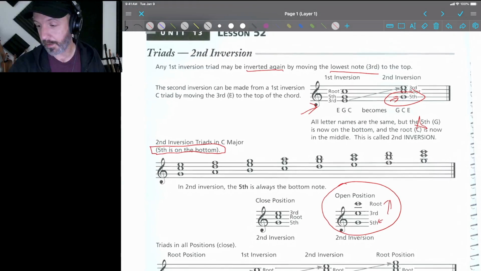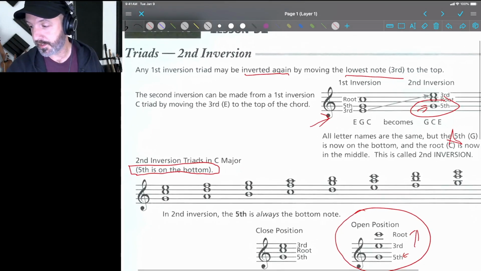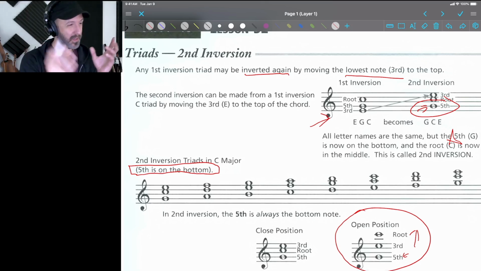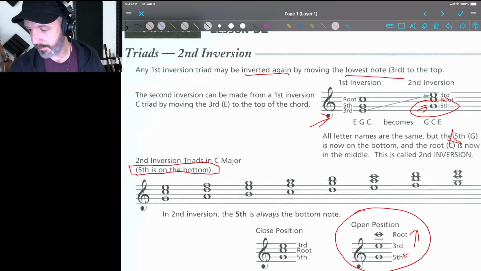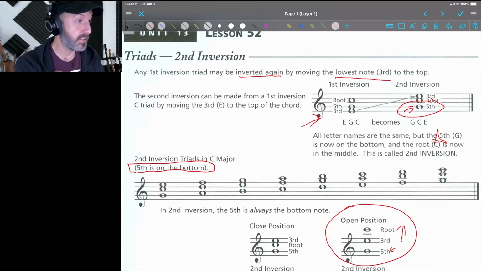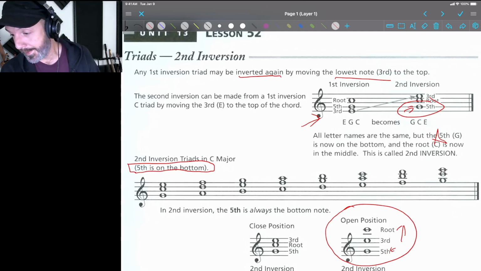That's not where the name comes from. Even though they explain it by taking the bottom note to the top, it's really a roundabout way to classify what the lowest note is. I'm emphasizing this a lot because this confuses people quite often. Sorry if I'm driving you crazy with the repetition.